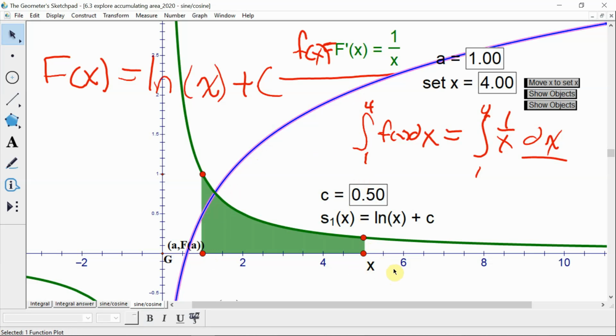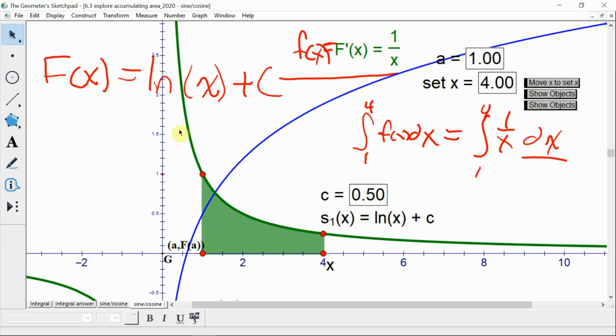I don't know why x is at 5 instead of... Yeah, I didn't click the button. Okay, so yeah, we're integrating from 1 to 4. I hadn't clicked that button yet. So I need to find the integral from 1 to 4 of 1 over x. So I need to find the value of 4 on this function.